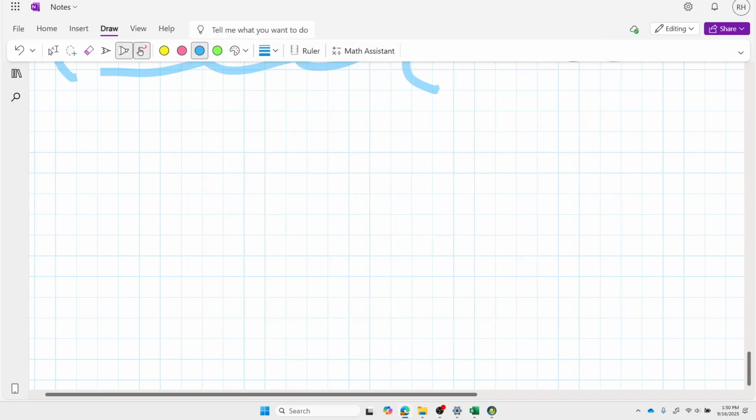All right, so today you're going to continue writing equations of lines, and we're going to start with standard form.